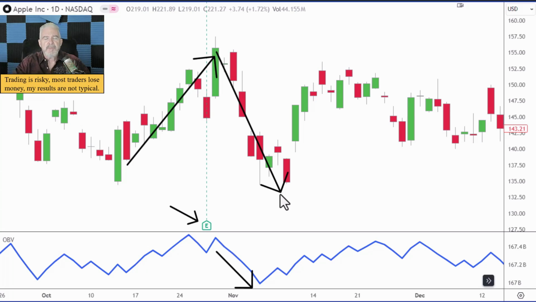News trumps technicals. So when important news comes out, whether it's an earnings report for a stock or CPI data or FOMC, whatever the market's really concerned about at that time, people are just interested in that report, that economic report. They don't care what your OBV is or your stochastic, your RSI, your moving averages, your CCI.